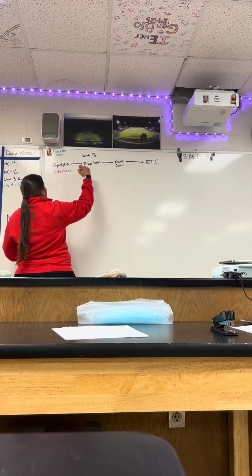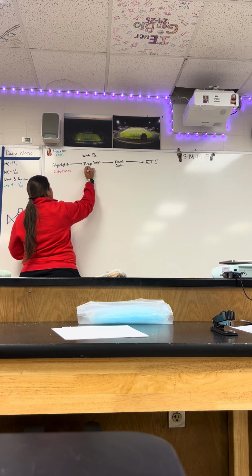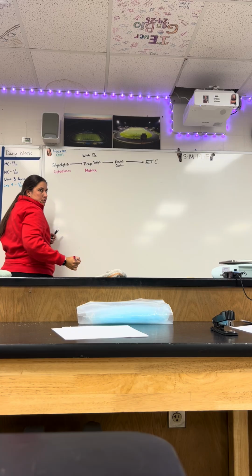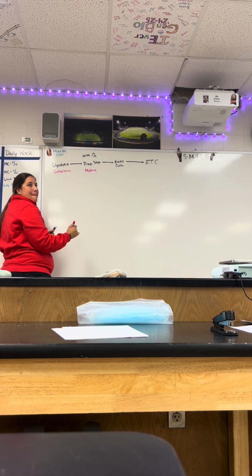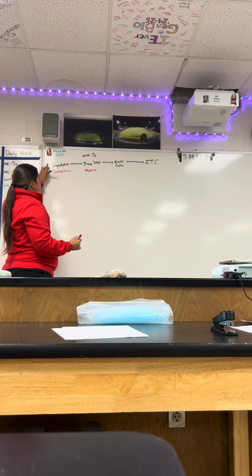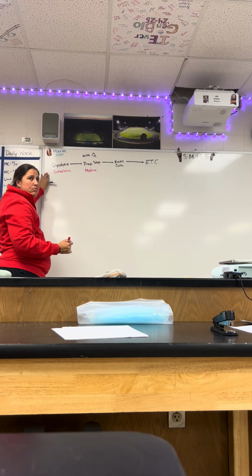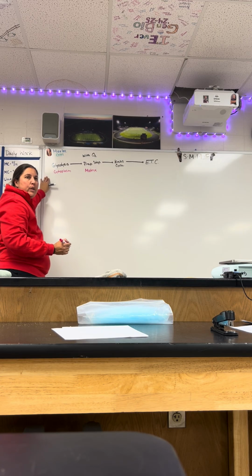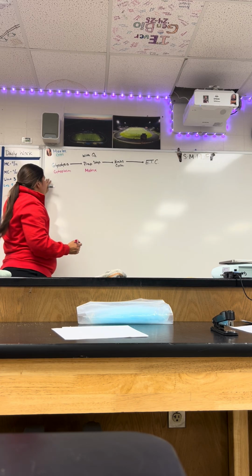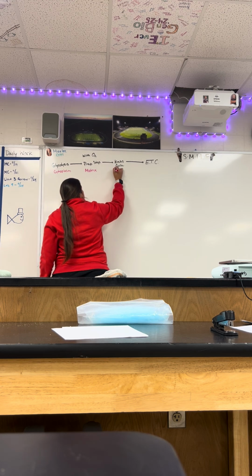So from the cytoplasm, now go into the matrix, which is in the mitochondria. We have glycolysis happen in our cytoplasm. From the plant to us, we eat. Okay, so there's the matrix.